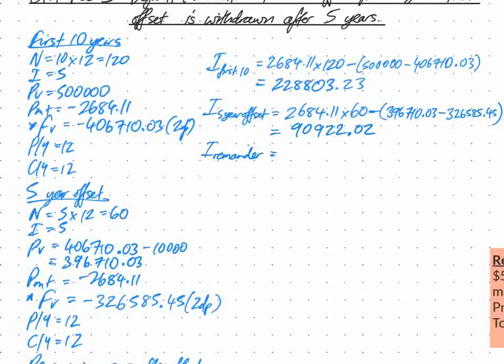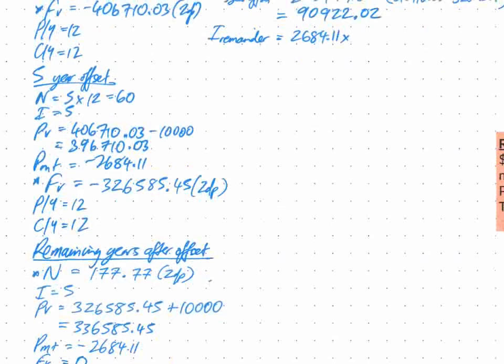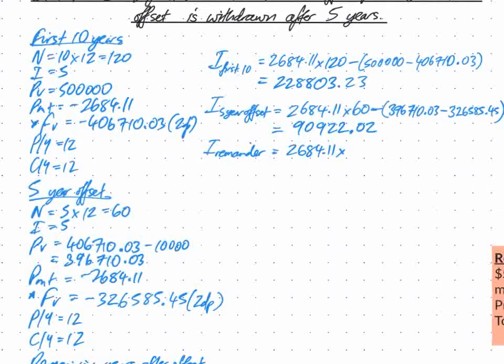And then I've got the interest in the remainder of the loan. I was paying 2684.11 as before, but it was 177.77 times, minus what was my debt.